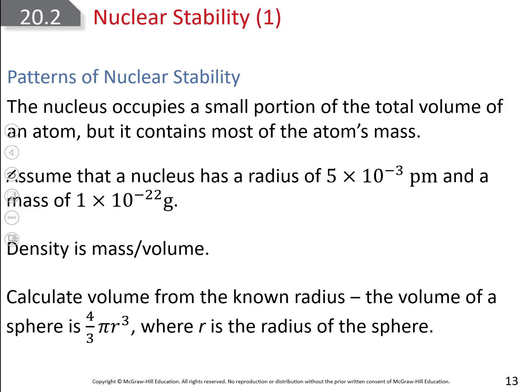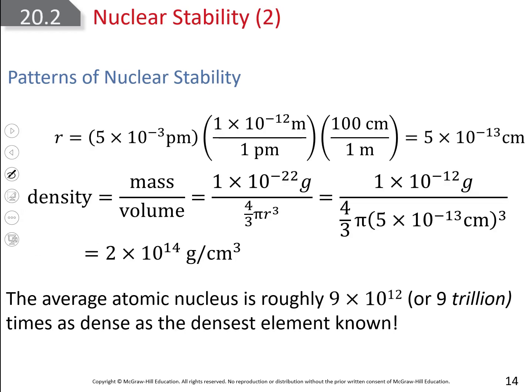So let's assume a general nucleus has a radius of 5 times 10 to the negative third picometers and a mass of 1 times 10 to the negative 22 grams. If we calculate the density, mass over volume, and getting the volume from the volume of a sphere, 4/3 pi r cubed, then we get that it has a density of 2 times 10 to the 14 grams per cubic centimeter.